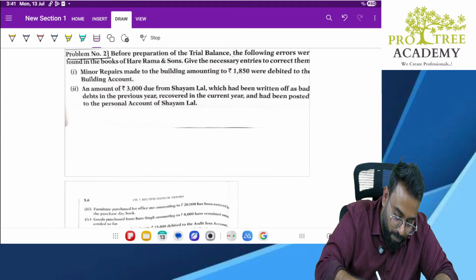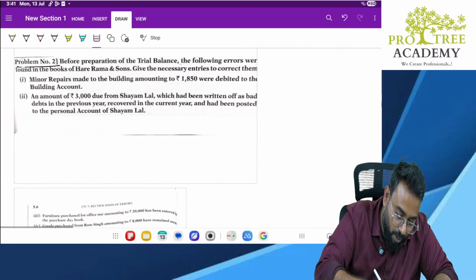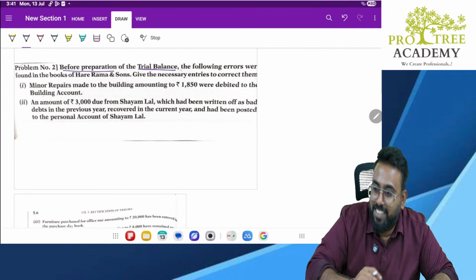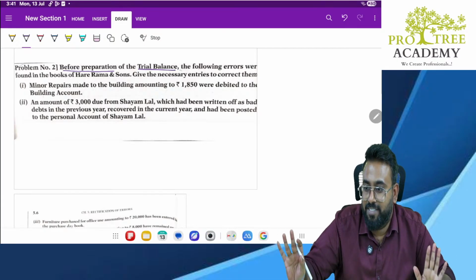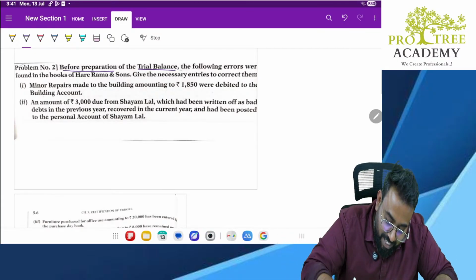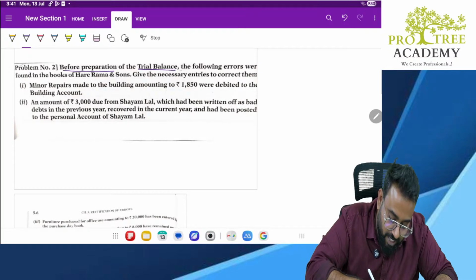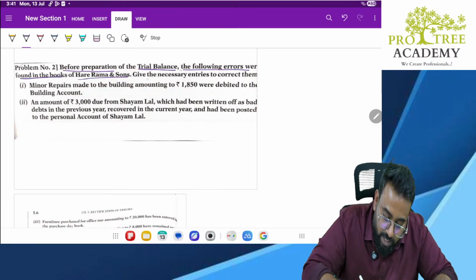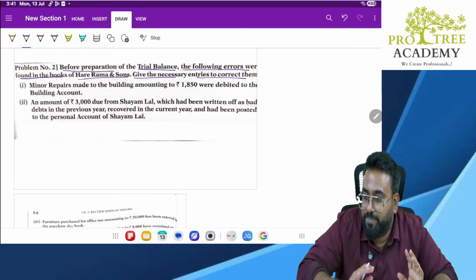Problem number 2. Please read the problem. Before preparation of the trial balance, no suspense account. The following errors were found in the books of Hare Ram and Sons. Give the necessary entries to correct them.